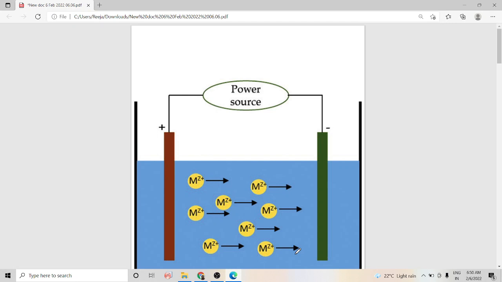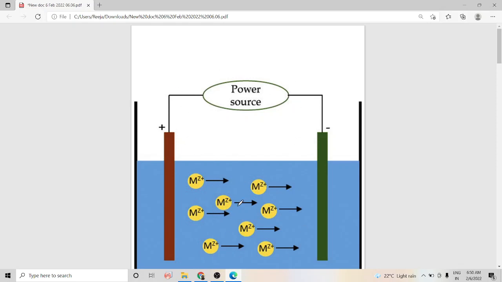So, once again, we'll revise electrodeposition. Electrodeposition is a liquid based deposition process in which an electric current is passed through a non-polar solution by applying an electric potential between a cathode and an anode.